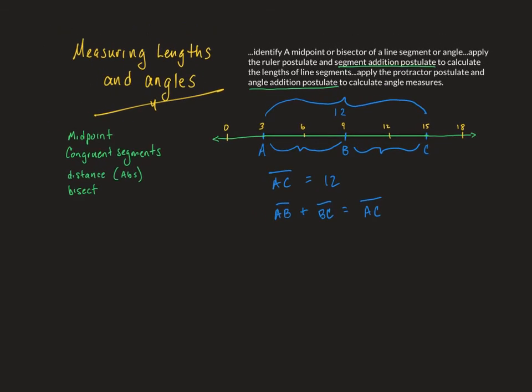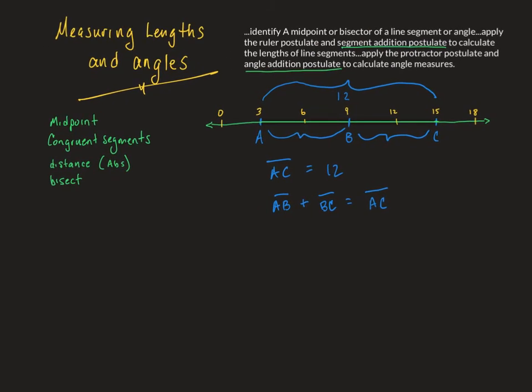If I look at this as a number line, we see that the length of AC actually goes from 3 all the way to 15. Using the absolute value, the distance there is going to be the absolute value of 15 minus 3, because 15 is the largest number, that's where I ended up. 3 is where I began, so I subtract.